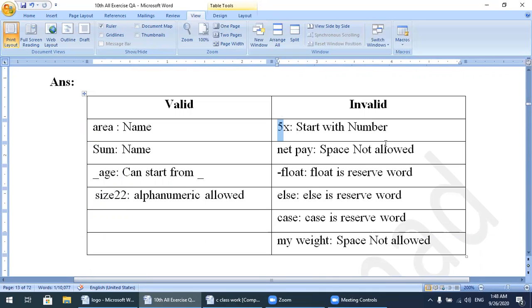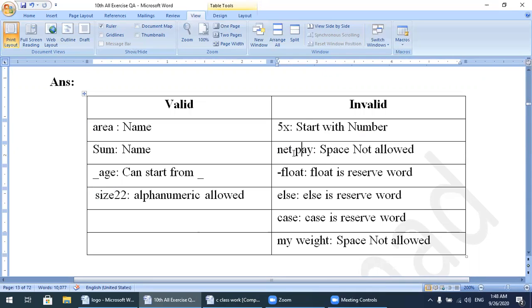Next one is net pay. You may wonder, it starts with an alphabet and ends with an alphabet, so why is it invalid? Because if you put a space between the two characters, watch here, this is a T and this is a P, between T and P there is a space.